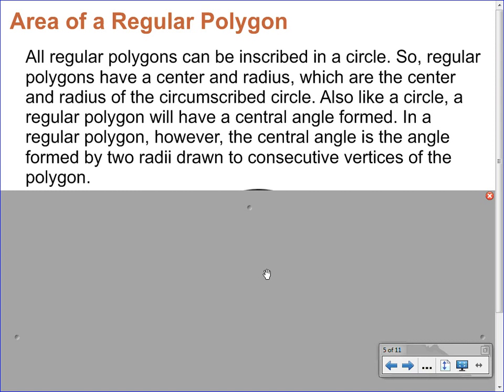So regular polygons have a center and a radius, which are the center and the radius of the circumscribed circle. Also, like a circle, a regular polygon will have a central angle. The central angle is the angle formed by the 2 radii drawn to consecutive vertices of the polygon. Take a moment and write this down.